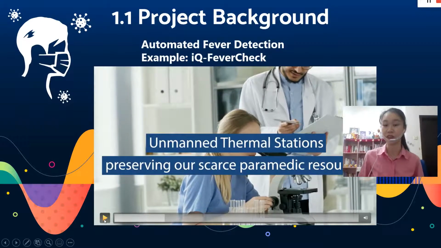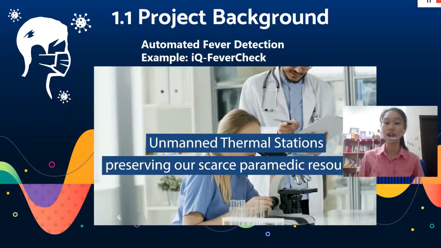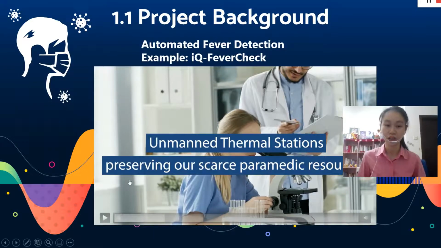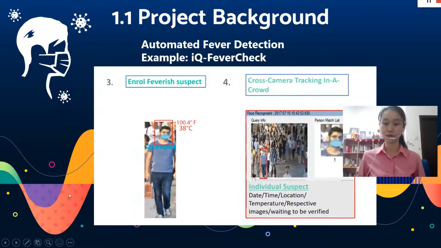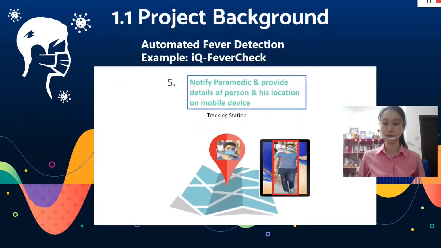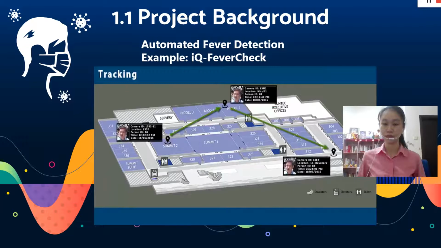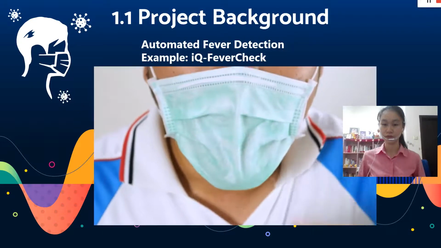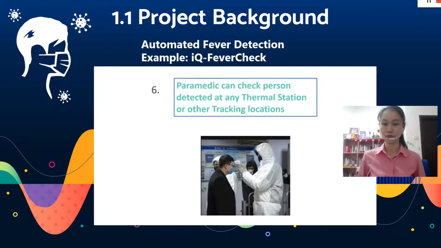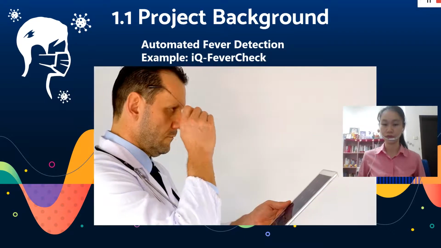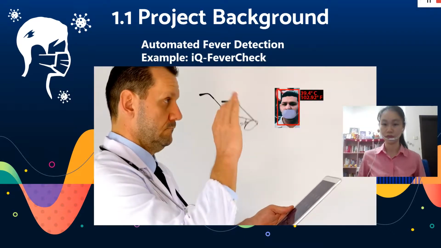Because the time is limited, so I'm not going to show you all, I'm going to show you this part of the technology. If persons are detected with a fever, they can be tracked across multiple locations through a facility, even if they are wearing a mask, even when people are walking in large groups. The paramedic team is provided with each feverish person's image on the smartphone or tablet that they're using, and advised of their location.